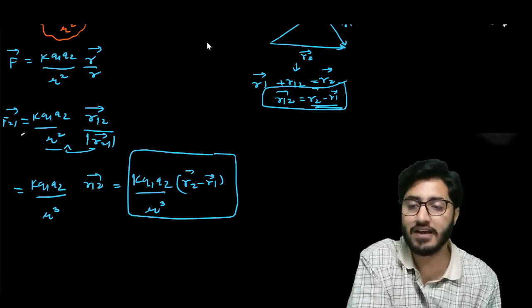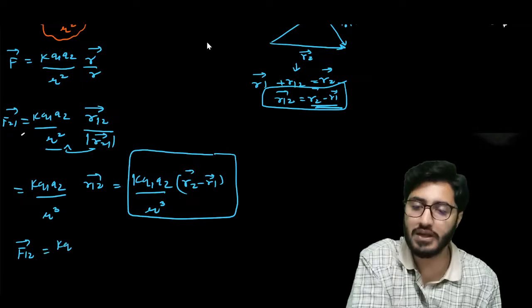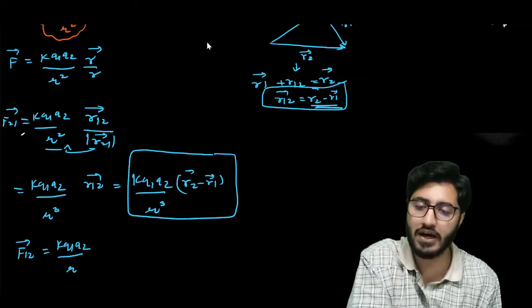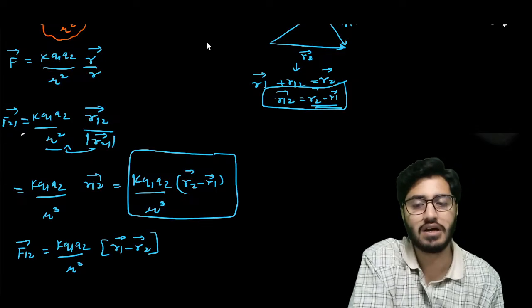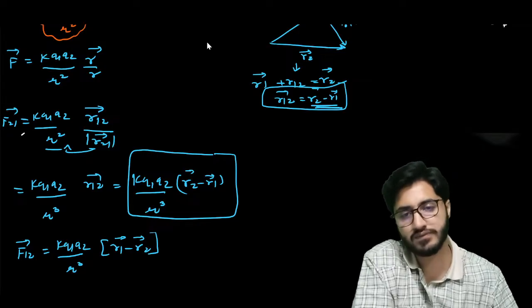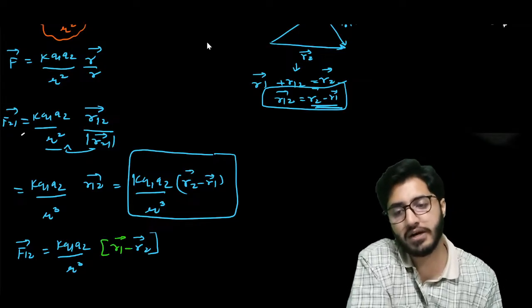In the same way, how to write F12? F12 would be K Q1 Q2 by R cube times R1 minus R2. You have to remember these formulas.